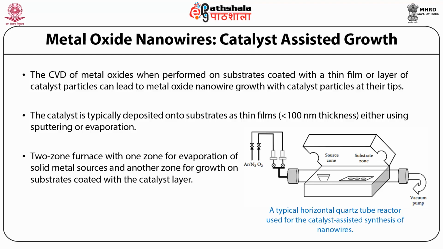The chemical vapor deposition, which is known as CVD, of metal oxides when performed on substrates coated with a thin film or layer of catalyst particles can lead to metal oxide nanowire growth with catalyst particles as their tips.